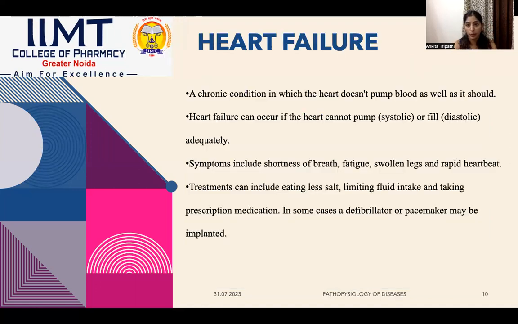Now coming to the fourth point, that is heart failure. Heart failure is simply defined as a condition in which our heart does not pump blood. Generally, heart failure is of two types: right side or left side. When heart failure damages the left side, it's called left heart failure, and when it occurs on the right side, it is called right heart failure.